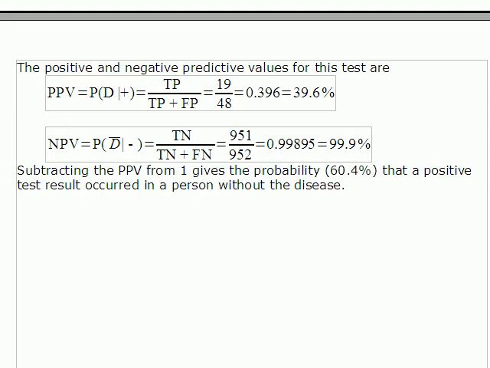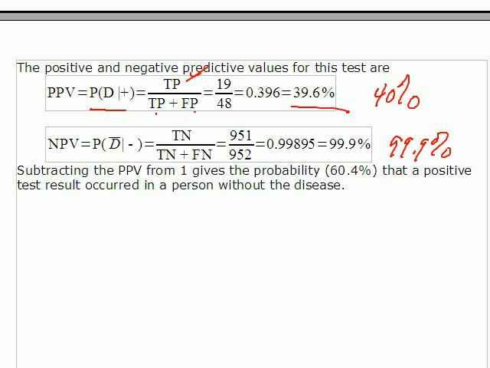Now we'll calculate the positive predictive value, which is what we used Bayes' rule before to do, but we did it using normal instead of being sick, but that's okay. You can just subtract from 1, remember, because these are mutually exclusive categories. Okay, so the positive predictive value will be the true positives divided by true positives plus false positives, which is about 40%. The negative predictive value is almost 100%.